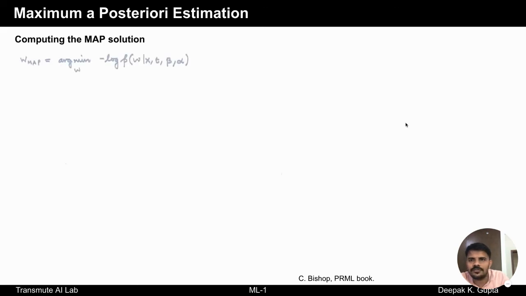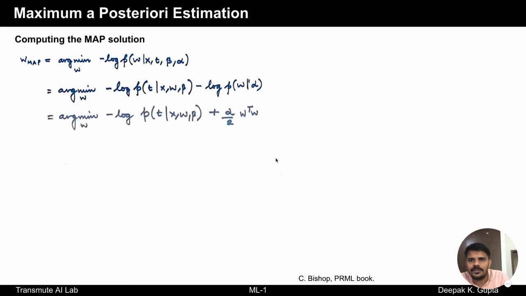Putting all this here, what we get is minimizing the negative log of the likelihood function plus this term. You can go back to the previous slide and check. You will obtain the log of the prior distribution to be alpha over 2 w transpose w.